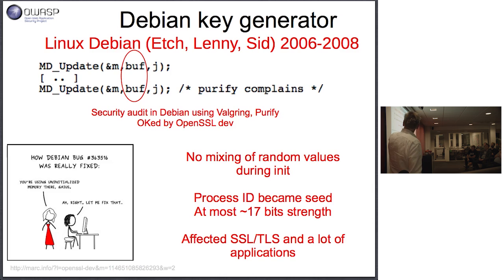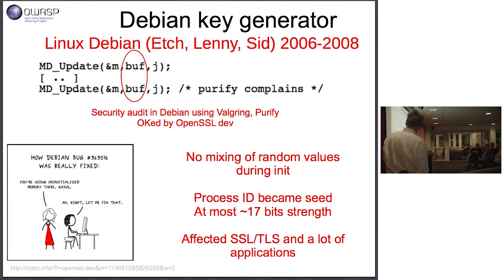In this case, there was a buffer used in the random generator, and here we're actually reading from a buffer that we haven't even initialized yet. So they talked to the developers of OpenSSL and said, we have this, and our tool complains. Is it okay to remove it? And they said, yes. That was bad.